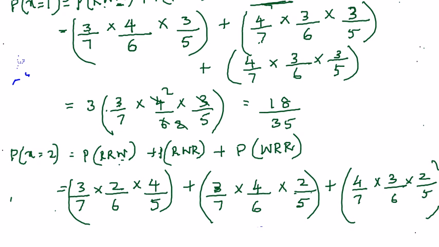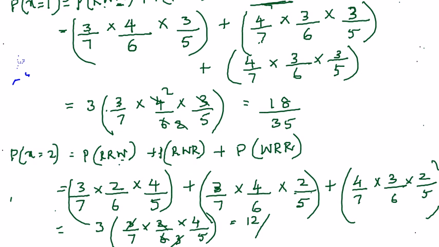Good. So this becomes 3 times 3 by 7 into 2 by 6 into 4 by 5. So same thing, you cancel everything. You need to get 12 by 35, right?